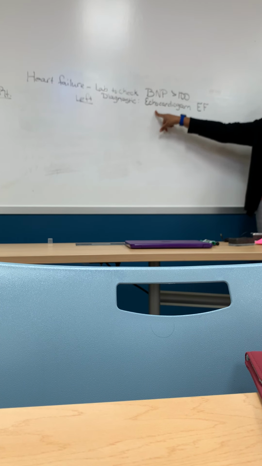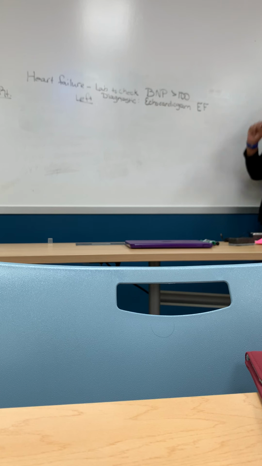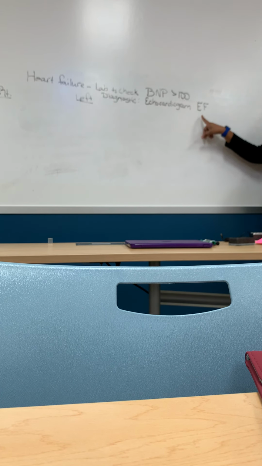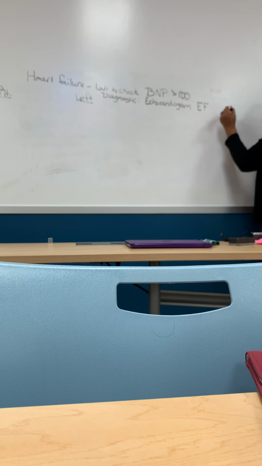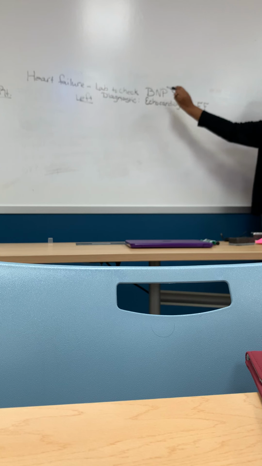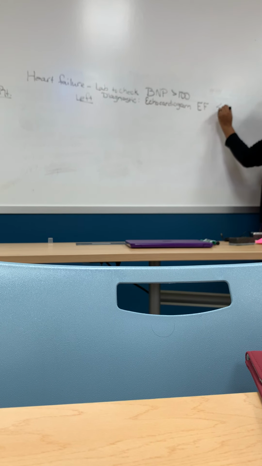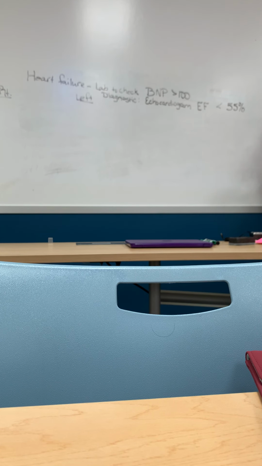You're thinking of the EKG for the electrical. So echo looks at ejection fraction. For patients that have heart failure, it's going to be less than 55%. Normal people is about 55 to 70. So if it's less than 55, that's significant for heart failure.